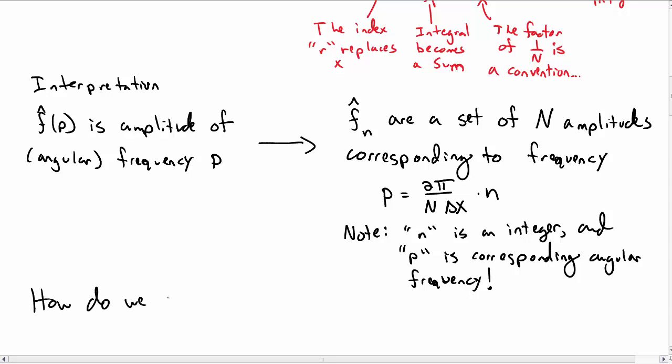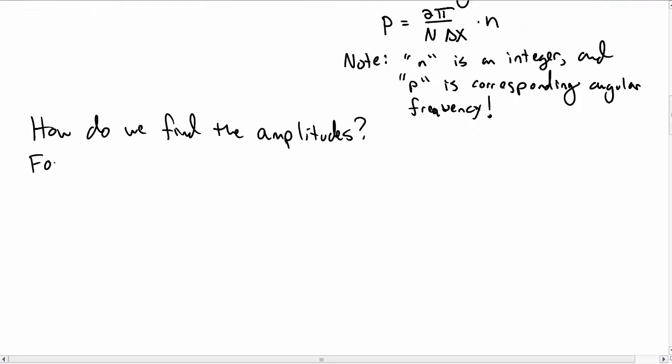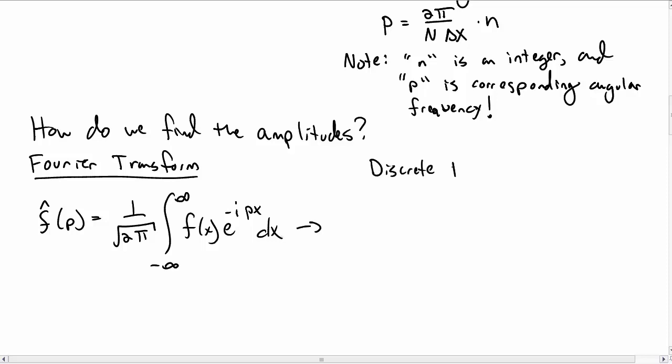Okay, so we're almost there, but we need to figure out how we find the amplitudes, these f hat sub n's. Again, let's go back to the Fourier transform. So in the continuous Fourier transform, we found f hat of p is equal to 1 over the square root of 2 pi, integral from negative infinity to infinity of the function f of x, e to the minus i p x, dx. So let's just turn that into a discrete version to get the discrete Fourier transform.